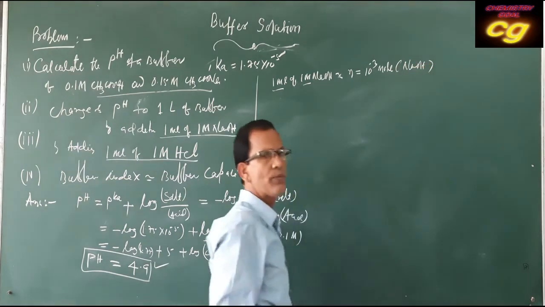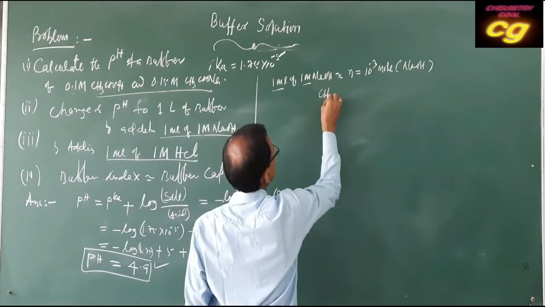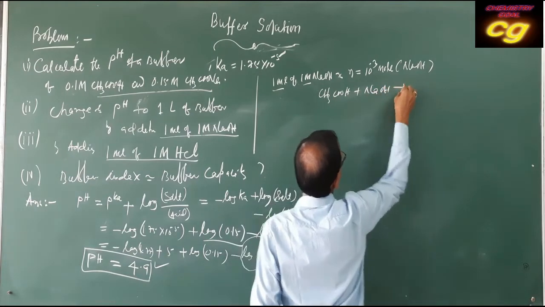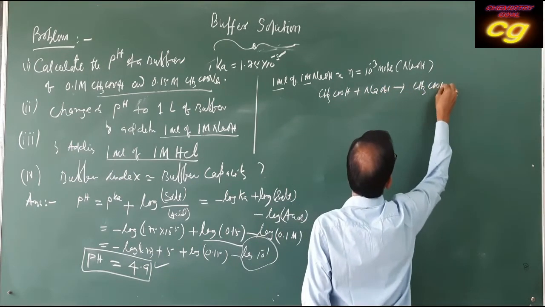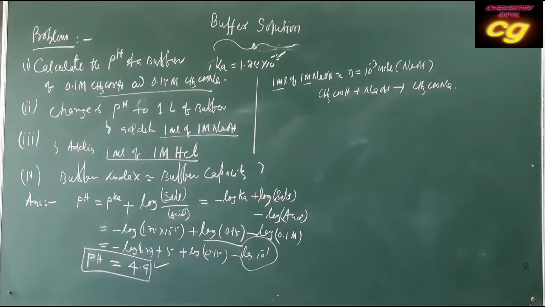When this much NaOH is added, the acetic acid reacts with NaOH, forming salt, CH3COONa. So we will calculate how much salt is produced and how much acid remains.